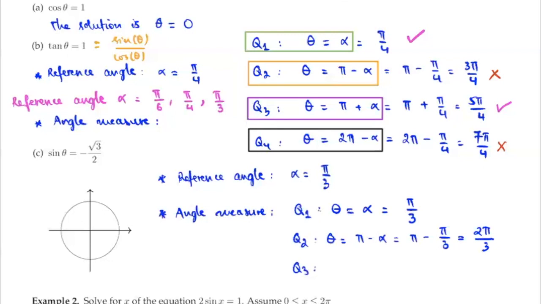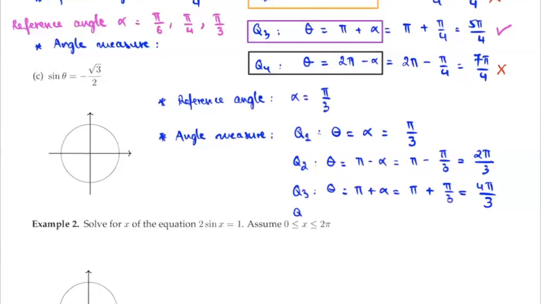Quadrant 3, you have theta equal to pi plus alpha, or pi plus pi over 3, or 4 pi over 3. And in the fourth quadrant, you have theta equal to 2 pi minus alpha, or 2 pi minus pi over 3, which is 5 pi over 3.